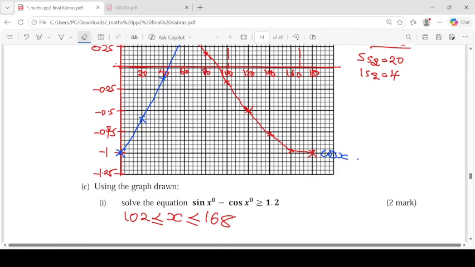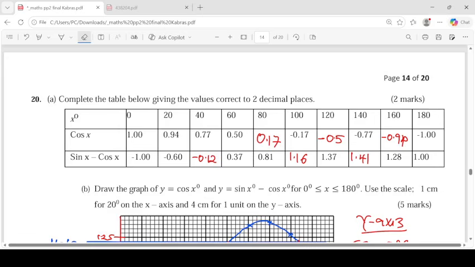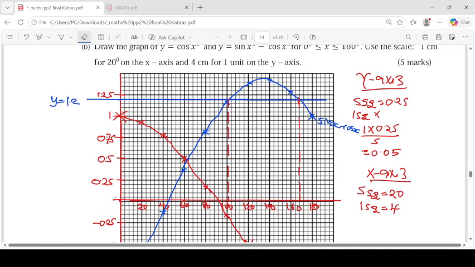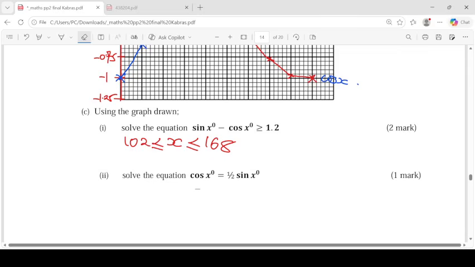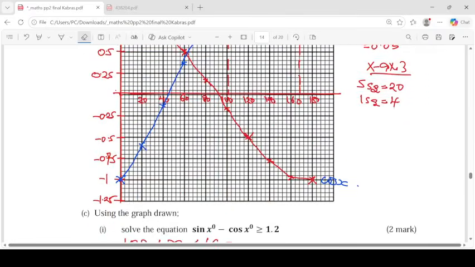Let's look at our equations once again. Where are the two intersecting? They are intersecting at 64. Let me expound on this.